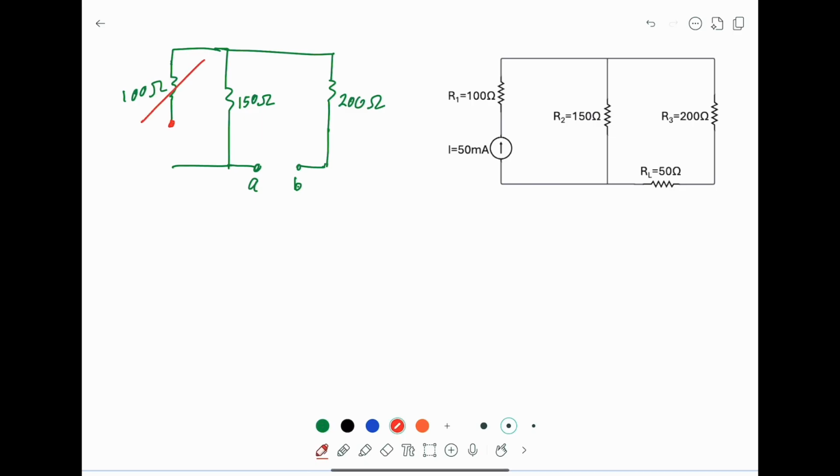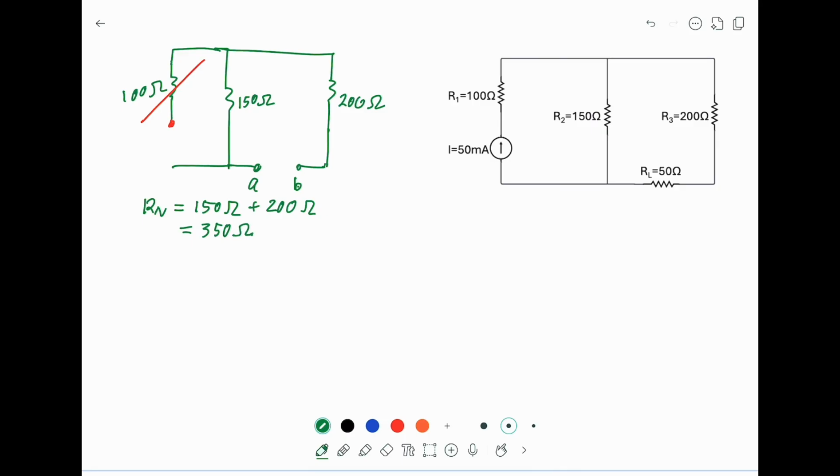And the Norton equivalent resistance is the 150 ohm and 200 ohm connected in series. Rn is equal to 150 ohm plus 200 ohm, and it is equal to 350 ohms.